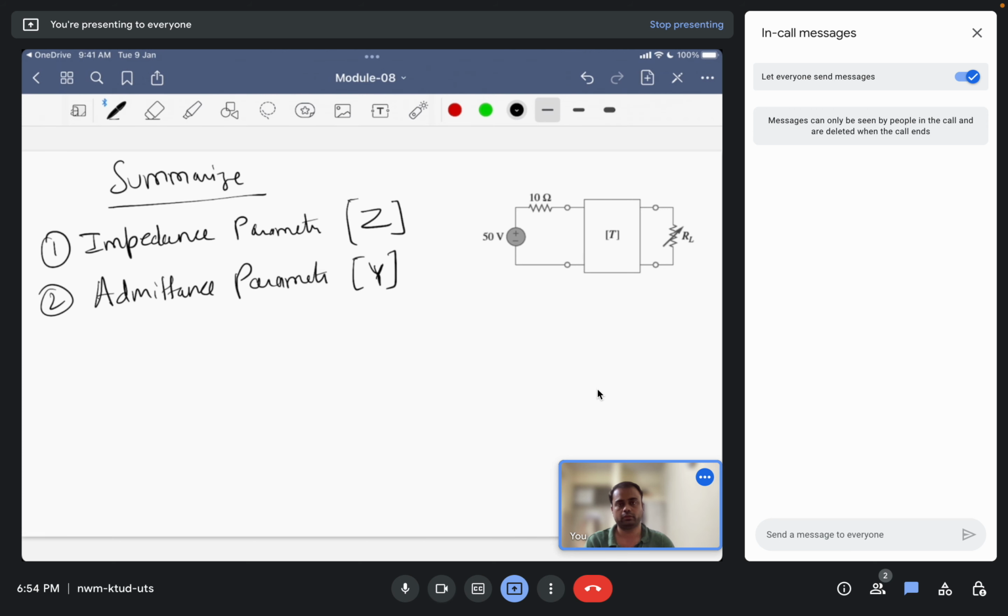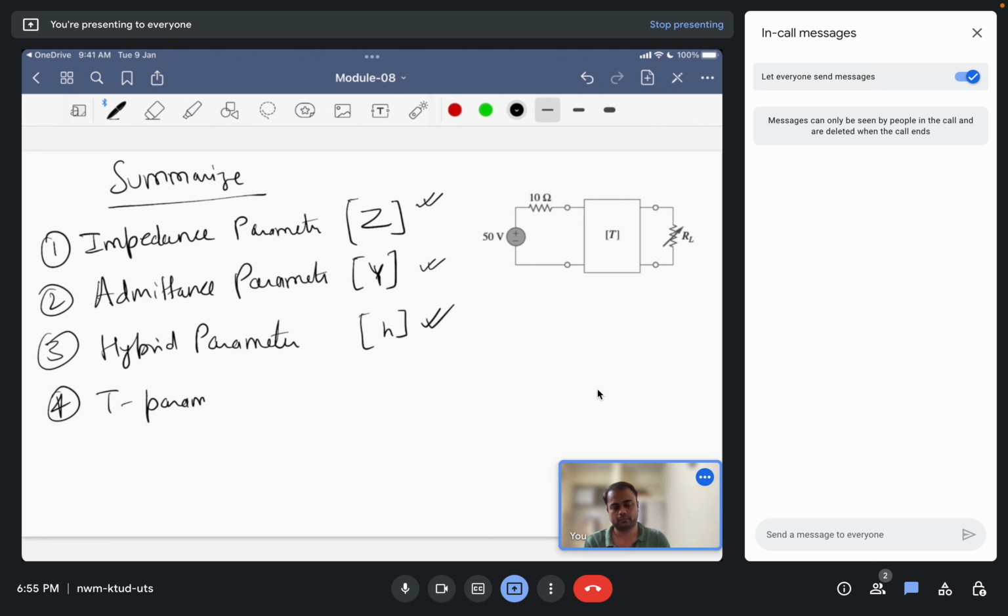Then we solved a few problems related to these Z and Y parameters. The third thing that we discussed was hybrid parameters, the H parameter, and finally we saw the T parameters, also known as the ABCD parameters or transmission parameters.